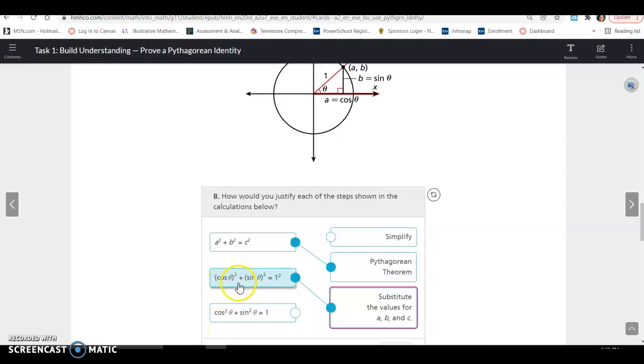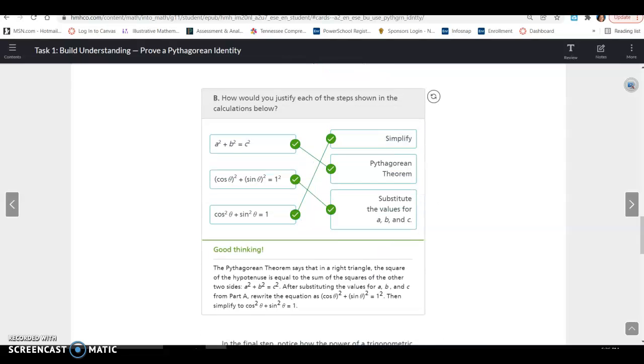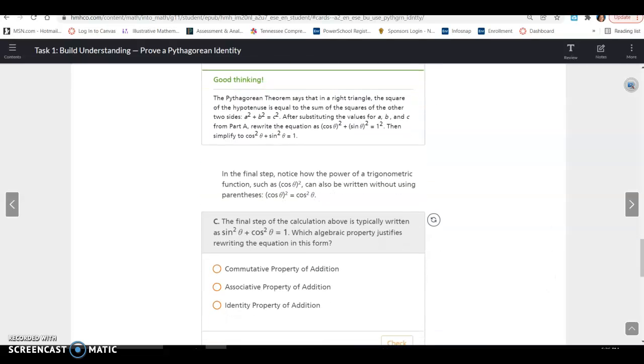This squared plus this squared equals this squared, and 1 squared is just 1. Then you can move the squared term inside or drop the parentheses. That is just a simplified version of the Pythagorean identity. So we got the Pythagorean theorem, and that leads us to this Pythagorean identity that we're going to use.